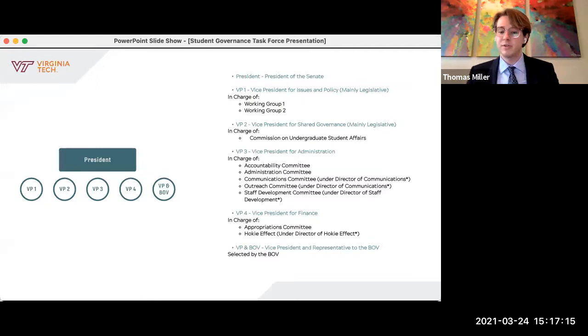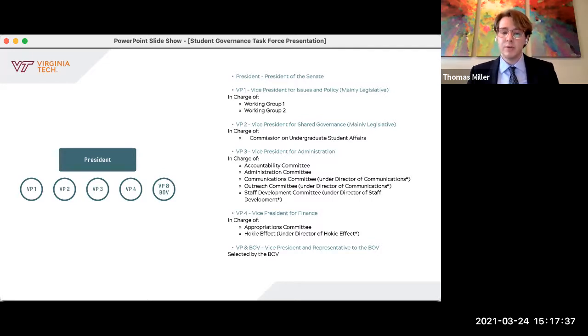And there are directors that kind of serve as in-betweens of how those committees run, and the vice president and how they can serve as a student leader. VP4 is the VP for finance, in charge of the Appropriations Committee and Hockey Effect, another very important role. Lastly is the VP and representative to the Board of Visitors.